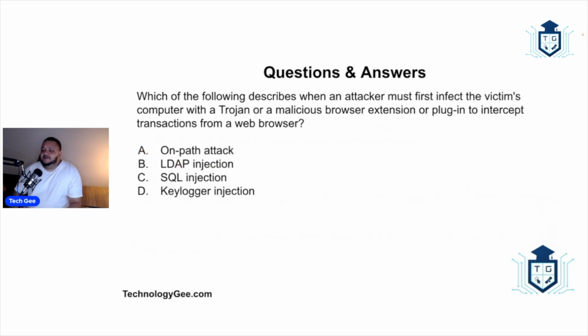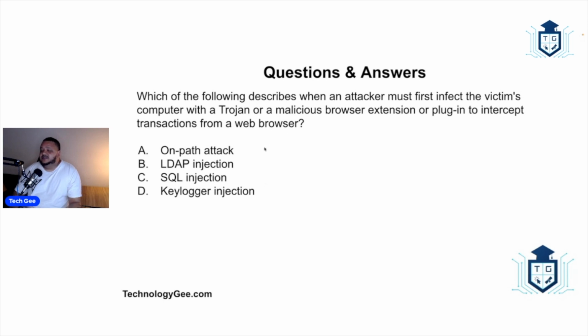All right. Which of the following describes when an attacker must first infect the victim's computer with a Trojan or a malicious browser extension or plugin to intercept transactions from a web browser? Would this be an on-path attack, LDAP injection, SQL injection, or keylogger injection?